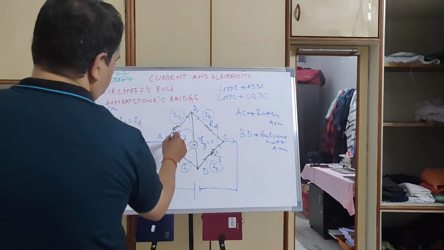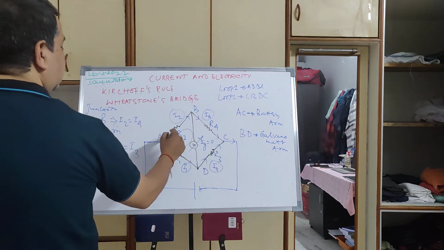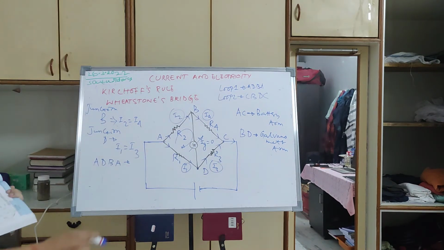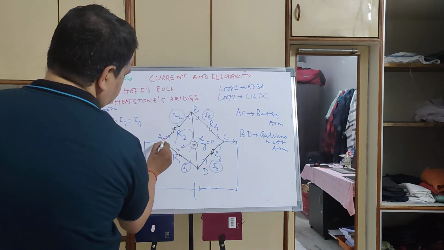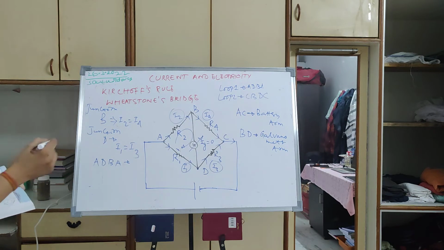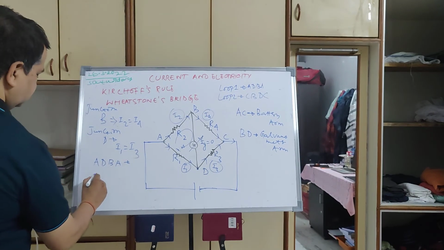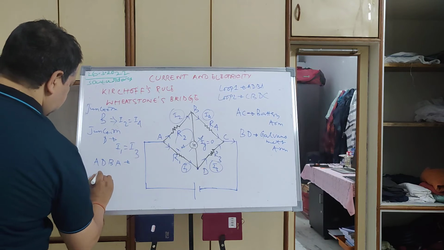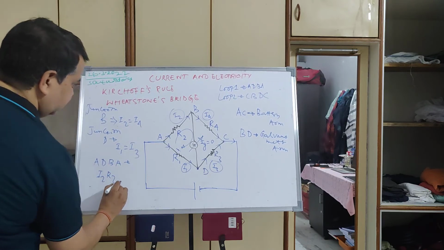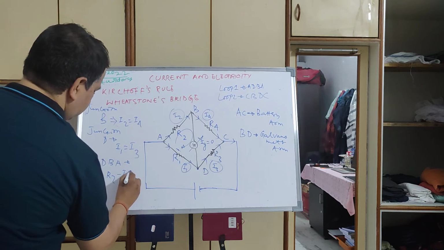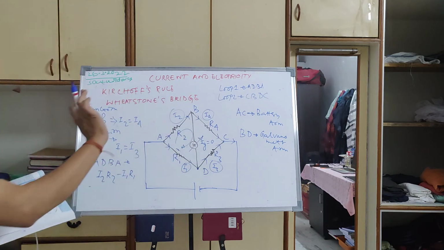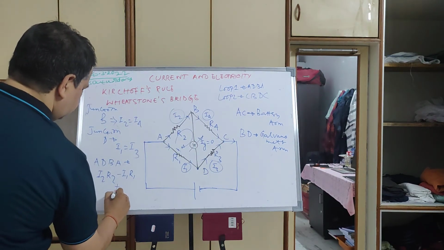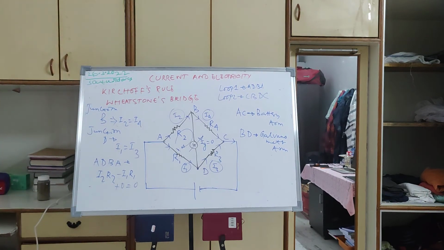Here the current is flowing in your assumed direction, but for this resistance the current is flowing opposite to the assumed direction. So that's why the minus sign comes into the picture. So I2 R2 is positive, minus I1 R1, plus 0, because the galvanometer does not have any resistance, is equal to 0. That is one.